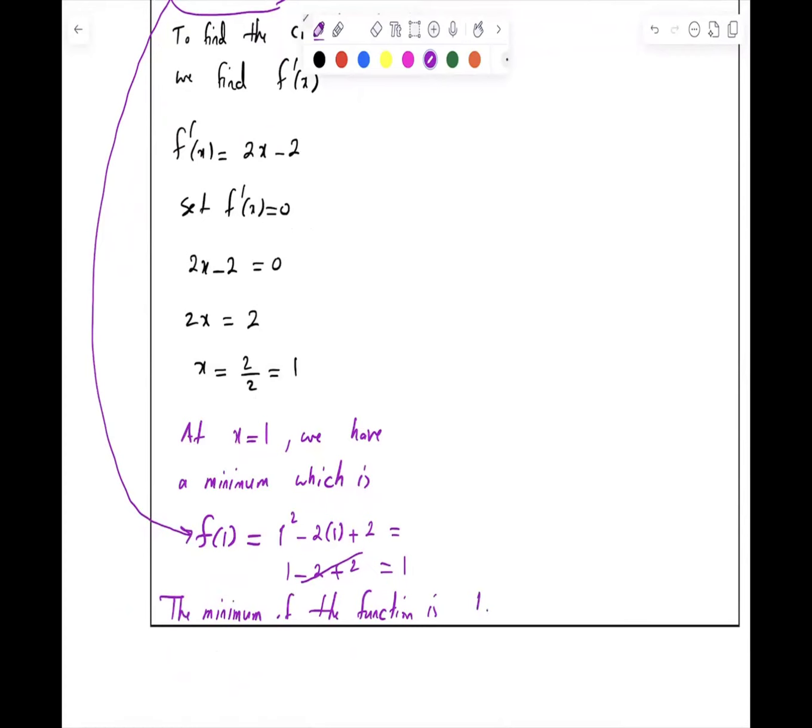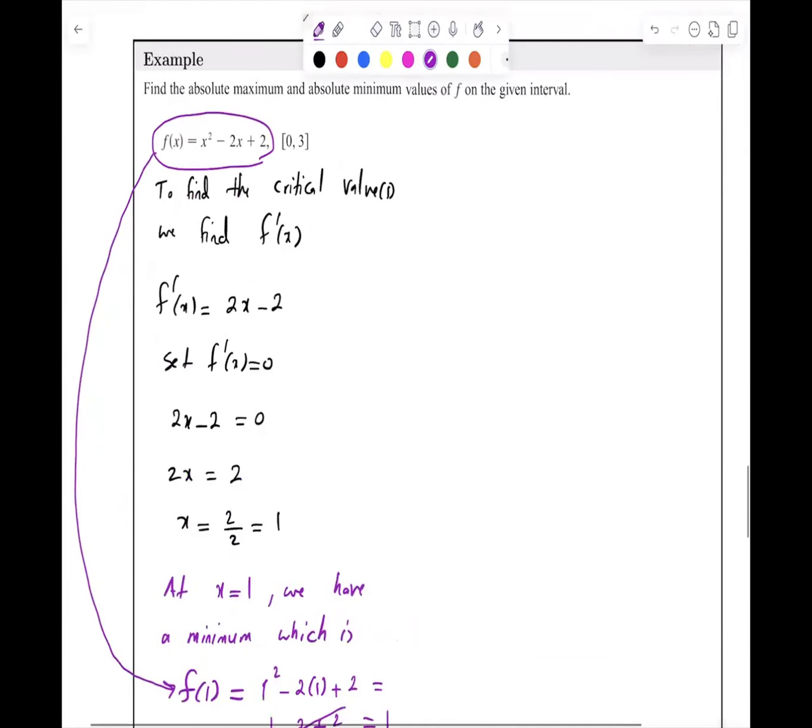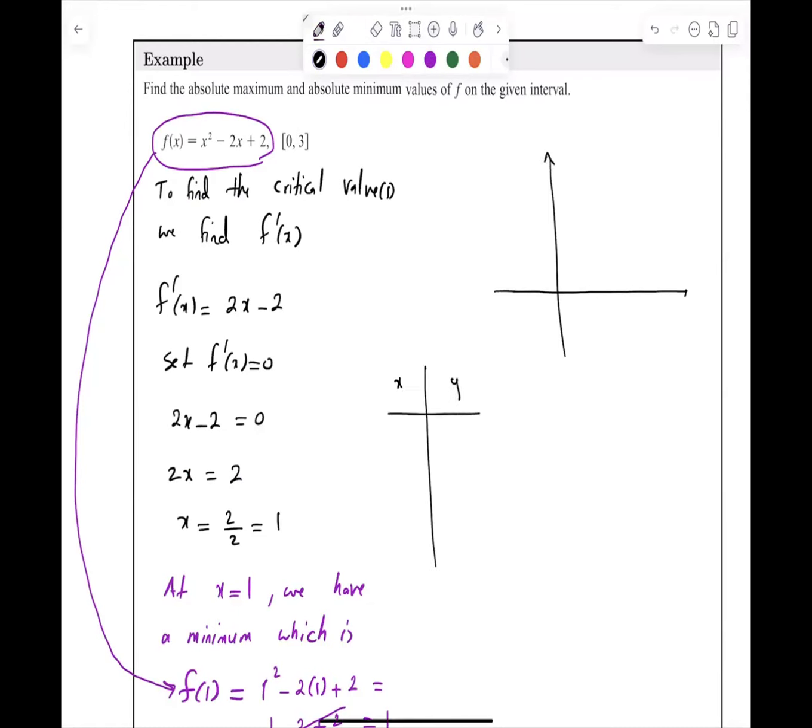What about the maximum of the function? Remember that we look at this function when x is bounded between 0 and 3. If you were to graph this function, when x is equal to 0, we have 0 squared minus 2 times 0 plus 2, which is 2. So at 0, we have a 2.